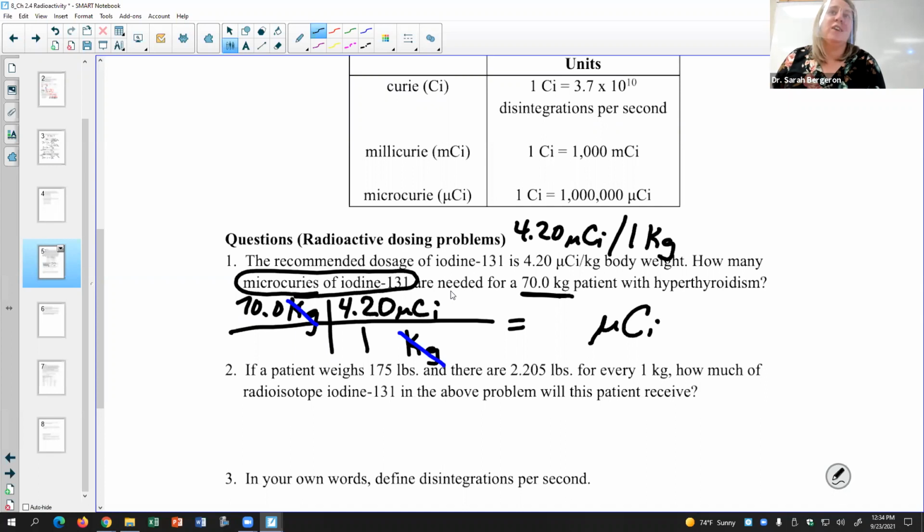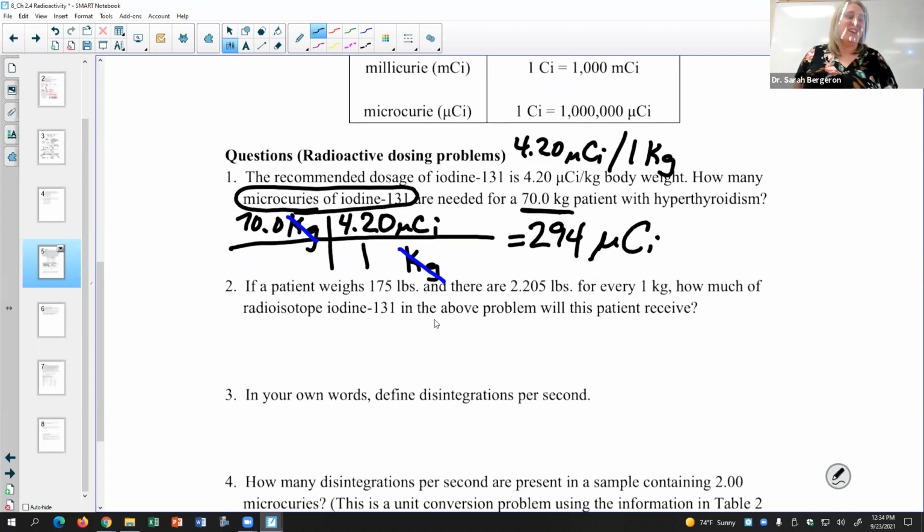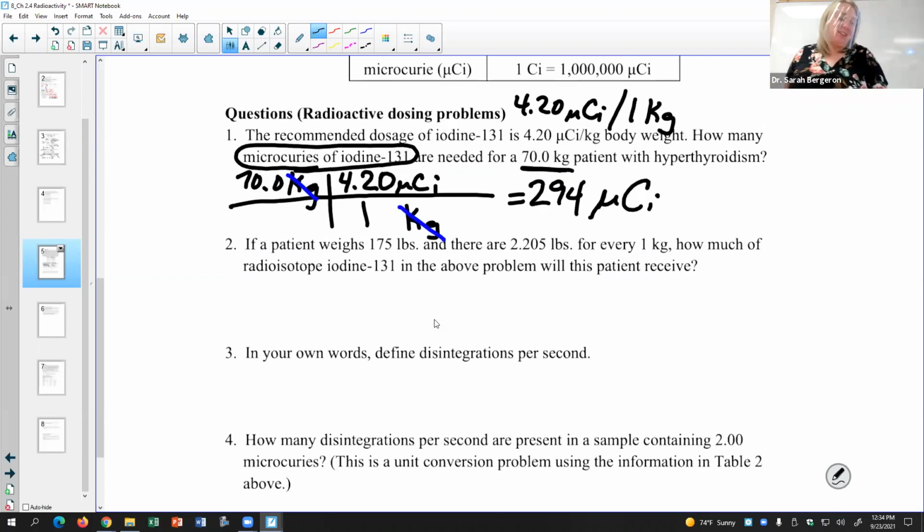My second favorite sound in the world is opening calculators. What do you get? 294. That's what I got. 294. Okay. And we're in the right units, so that was it. That was an easy one. All right. And how many sig figs? Do we have sig figs correct? Yeah. 3 sig figs.